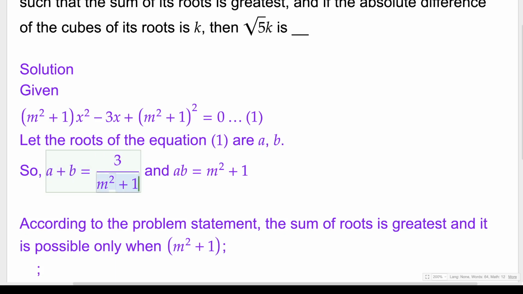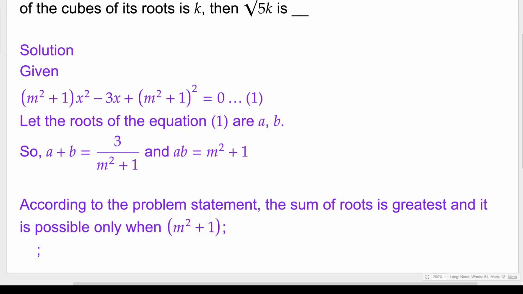If this takes the minimum value, on substituting m as 0, this entire denominator will be 1. If I deviate from 1, then this value will effectively reduce, because as long as the denominator is 1, the value remains 3. If I put any number other than 0 for m, the denominator will increase, and if the denominator increases, the overall value will fall down, right? So it is possible only when m² + 1 is minimum.